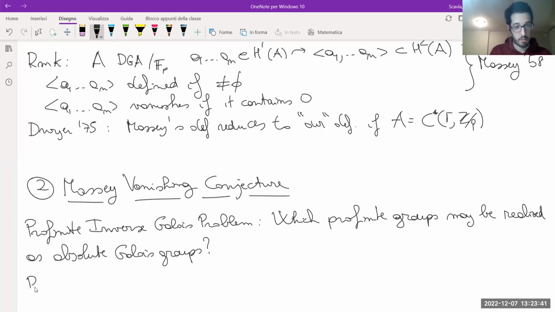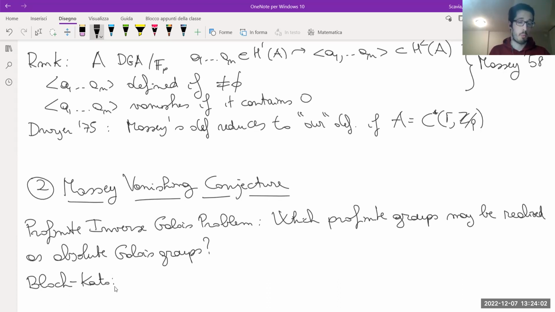There are some restrictions. First of all, it's probably impossible to make a list or anything like this. So what we can hope for is to construct invariants or come up with restrictions, for example restrictions on the cohomology, to try to pin them down as much as possible.